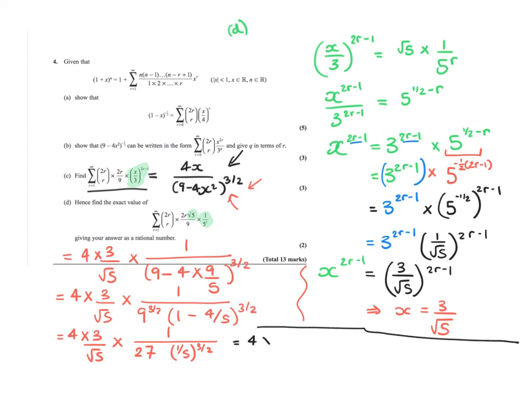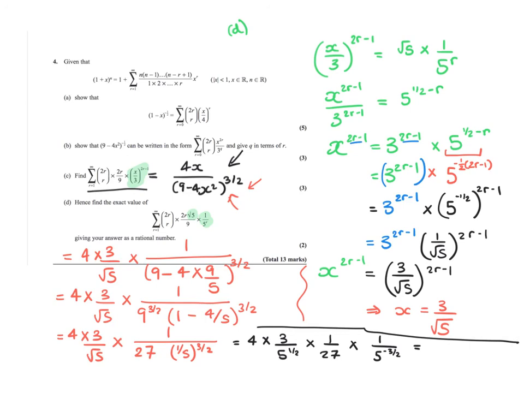So that's 4 multiplied by 3 over, now this root 5 I'll write as 5 to the power of 1/2 multiplied by 1 over 27 multiplied by 1 over, now 1/5 to the power of 3 over 2, well 1/5 is 5 to the -1, so I can write that as 5 to the power of -3 over 2. And then hopefully you can see the cancellation that will result here.